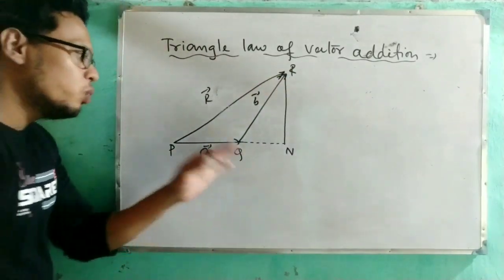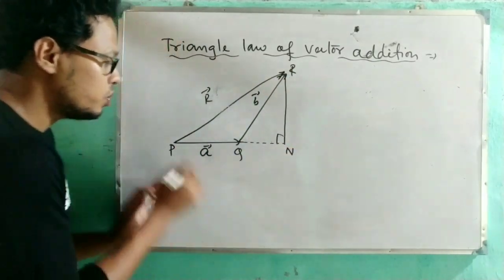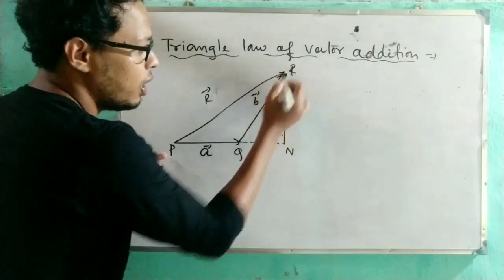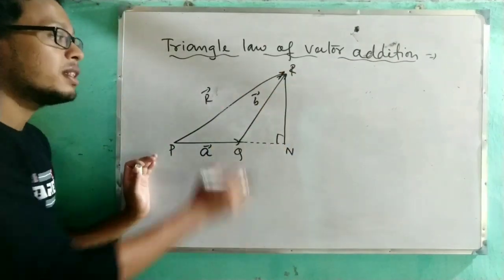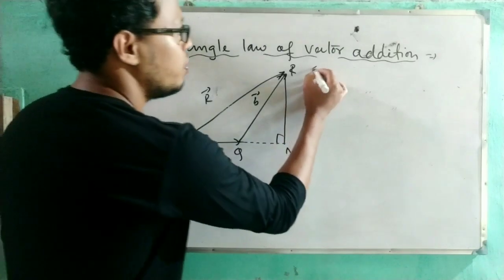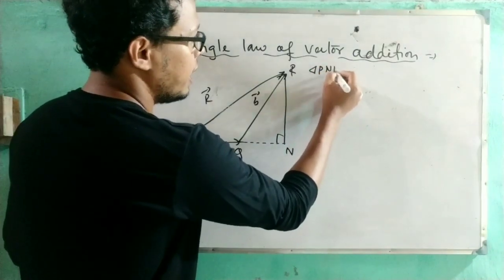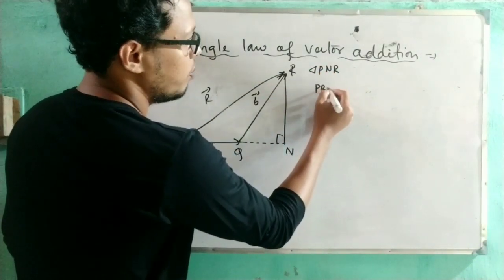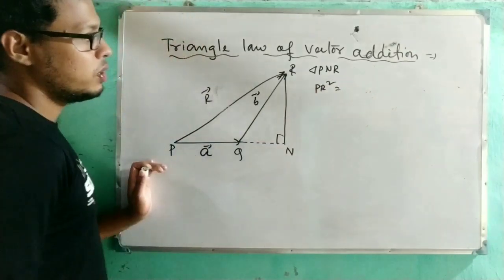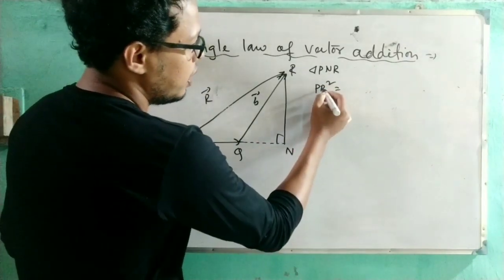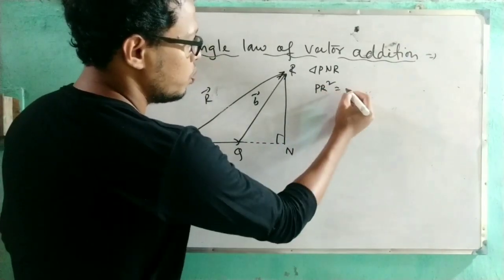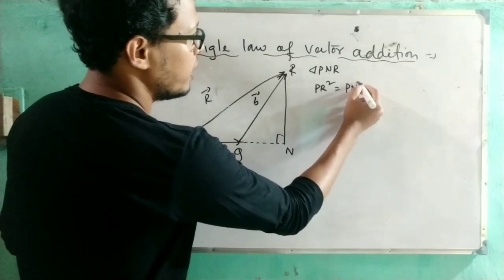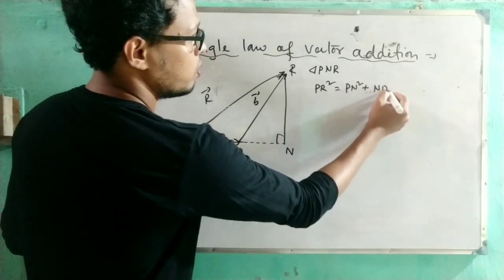Now look, this is 90 degrees. So P, N and R form a right angle triangle. From here we can apply the Pythagoras theorem: PR square equals PN square plus NR square.